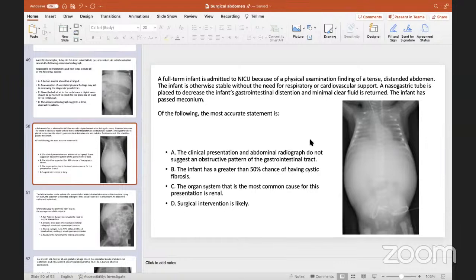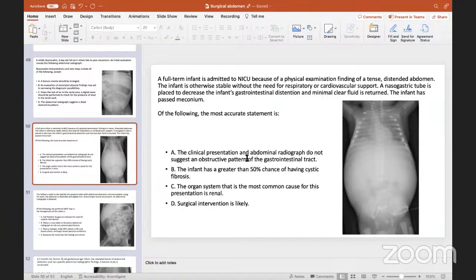So if you can see this baby's X-ray, the abdomen, the flanks and the gasless, it means that there is a floating bowel. Ascites is there, and the bowel is in the center. So it means that there is something quite chronic going on. Of the following, the most accurate here would be that surgical intervention is likely.